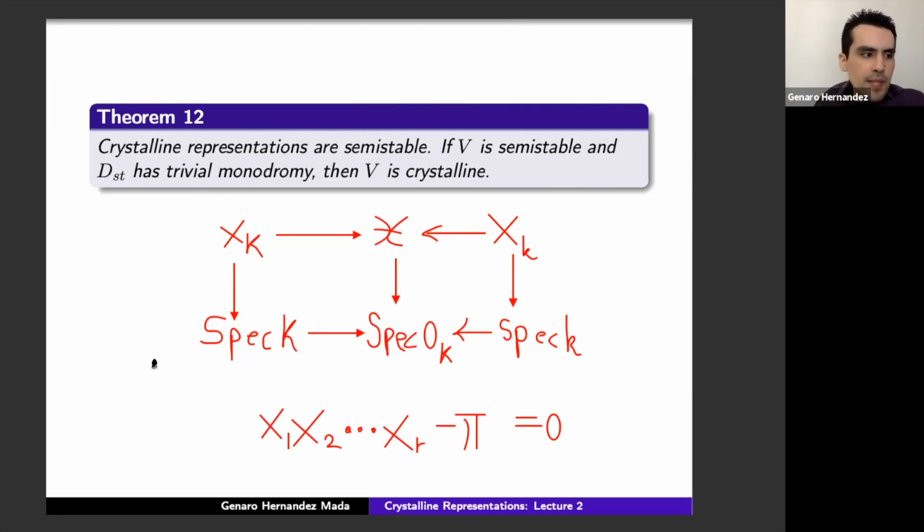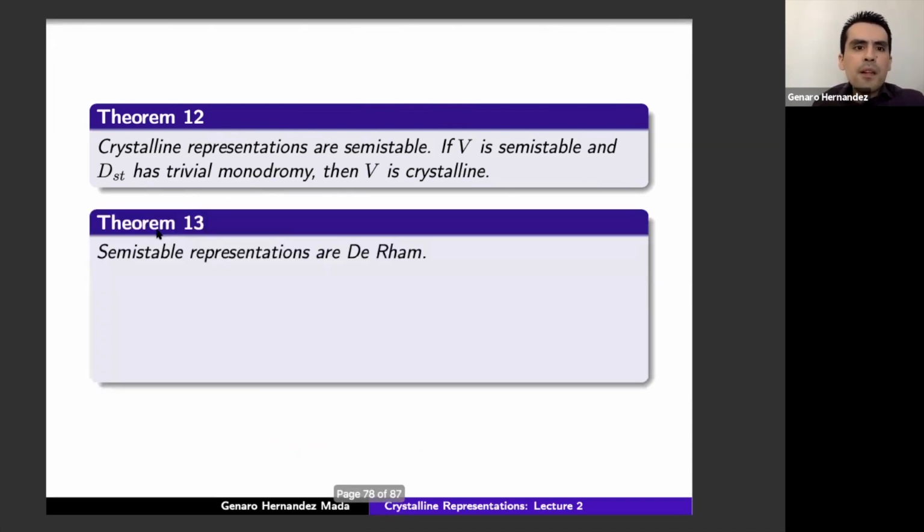Also, we have a similar theorem for semi-stable representations compared to de Rham. So all semi-stable representations are de Rham. These semi-stable representations are related to both crystalline and de Rham, right?